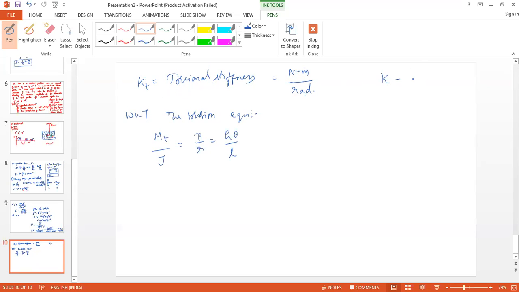K is the linear stiffness, that is force per unit length, and Kt is the torsional stiffness, that is torque per unit angle. Torque is nothing but Newton meter, and angle is in radians.